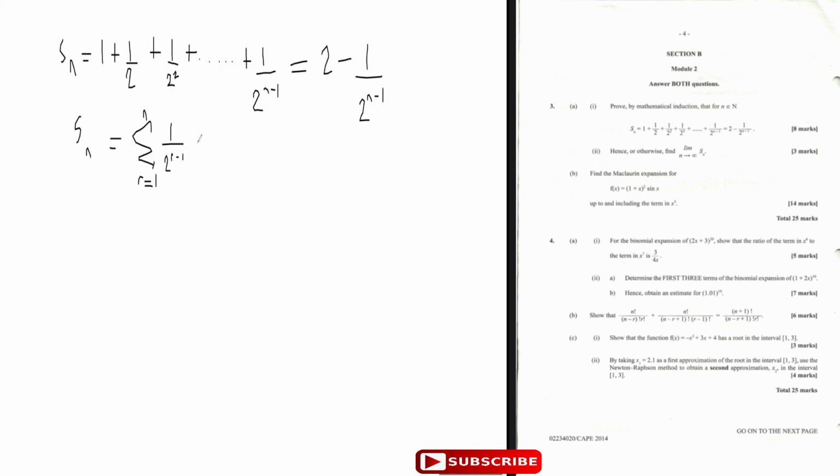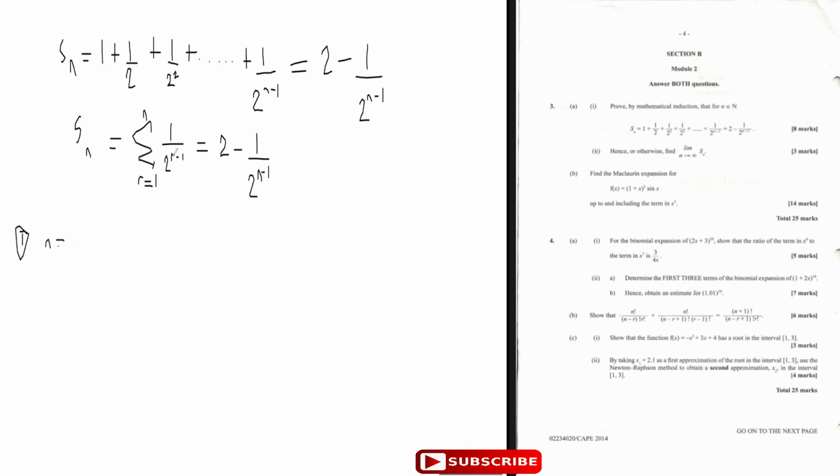So we need to show that the summation of this is equal to 2 minus 1 over 2 to the n minus 1. To do proof by induction, we first start from case number 1, when we let n equal 1.